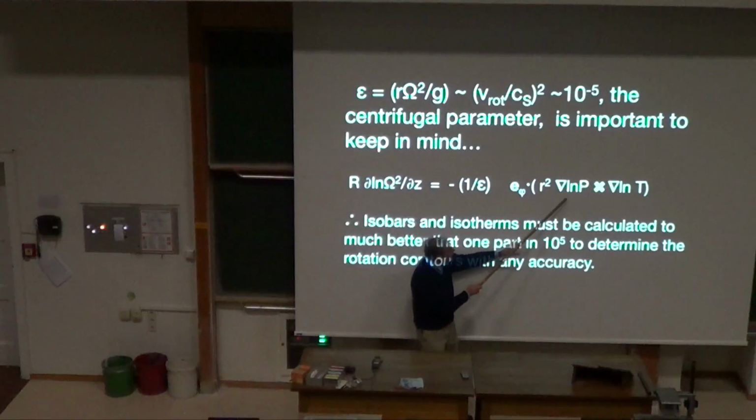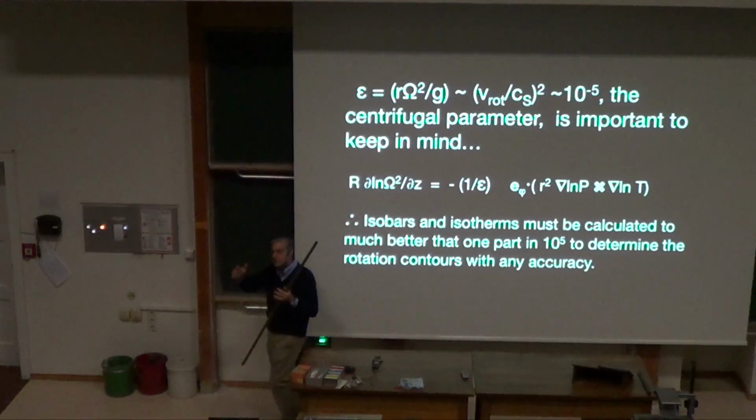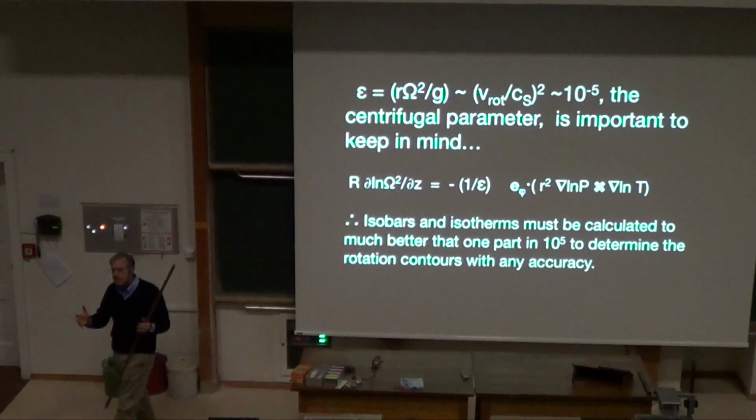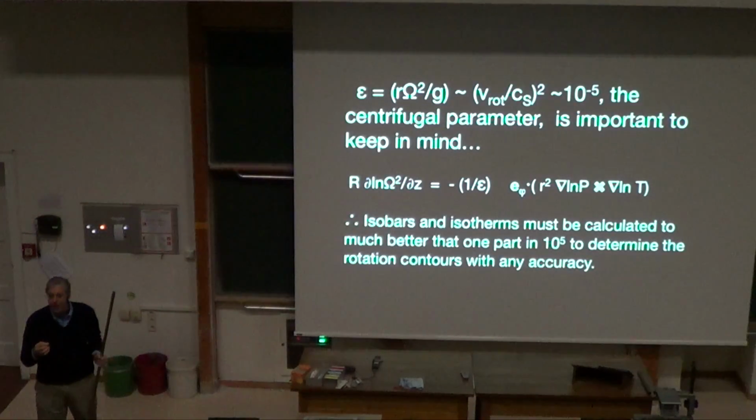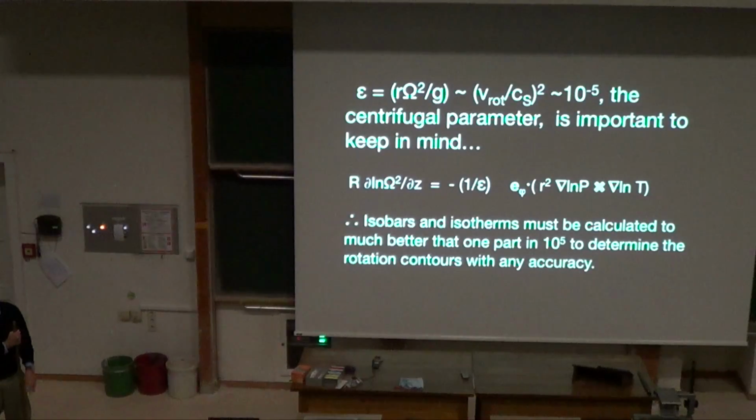So unless I have the isothermal surfaces and the isobaric surfaces correct to 1 part in 10 to the 5, the answer I get will be worthless. You will not be surprised to learn that when people do try the simulation, it washes out and they find that d omega/dz is equal to something like 0. And so the simulations reproduce rotation on cylinders. And I think that's not an accident.